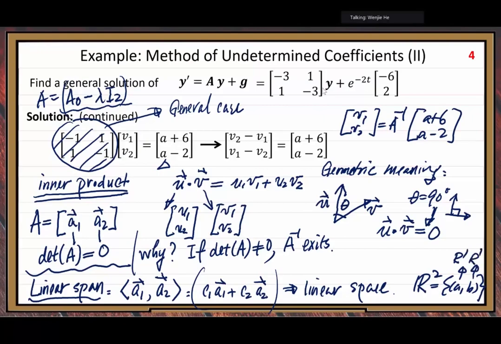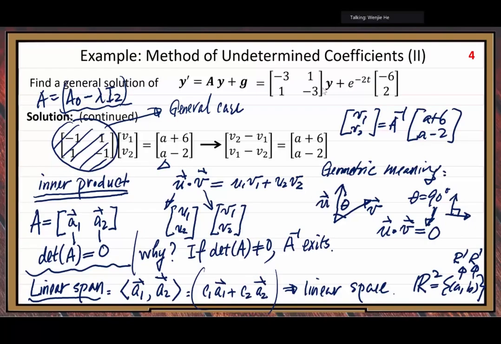Put them together, that's R2 space, the whole two-dimensional Euclidean space. It's a little abstract for some students, but we need this kind of understanding for linear algebra. That's the foundation part of linear algebra.